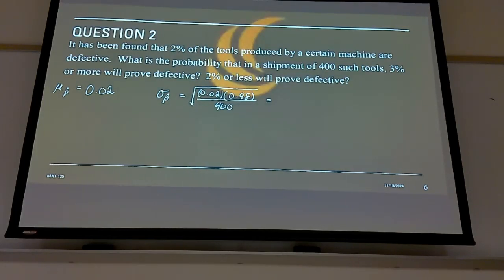What is that, to three decimal places? 0.007. We're looking for 2 probabilities. We'll start with the first one, 3% or more.